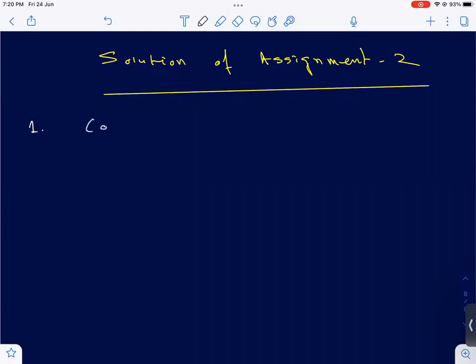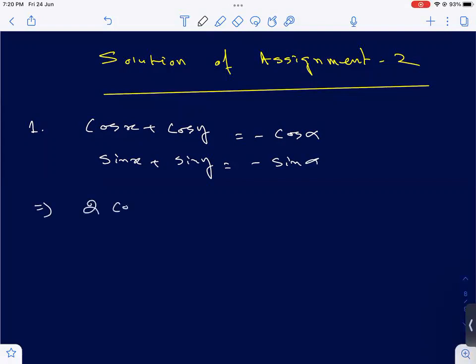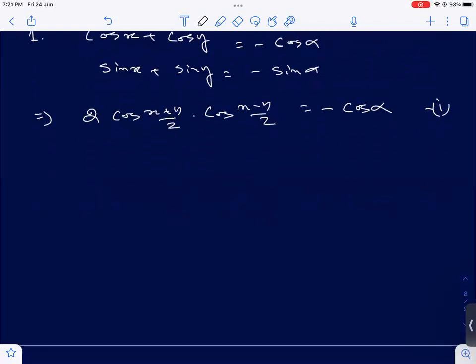So I am taking cos x plus cos y equal to minus cos alpha and sin x plus sin y equal to minus sin alpha. Using the transformation, cos C plus cos D is 2 cos (C plus D) by 2 into cos (C minus D) by 2, equal to minus cos alpha. Suppose number 1. And sin C plus sin D is 2 sin (C plus D) by 2 into cos (C minus D) by 2.